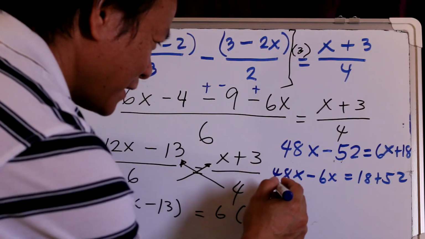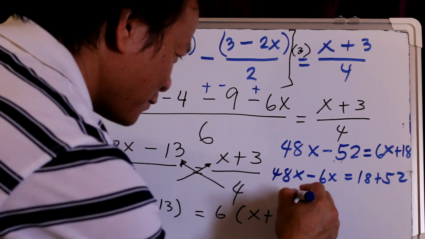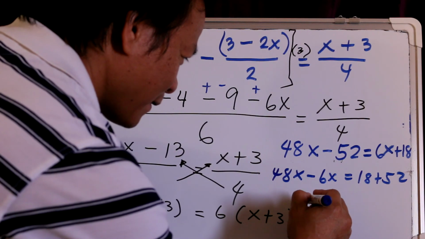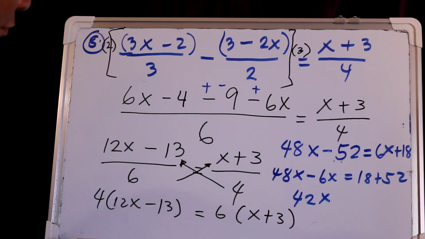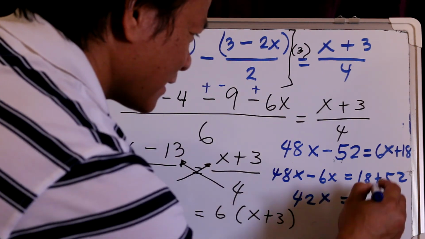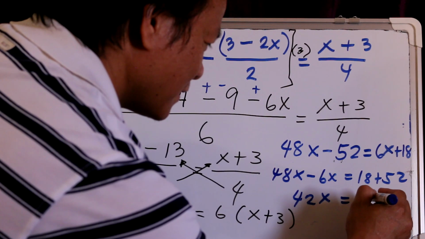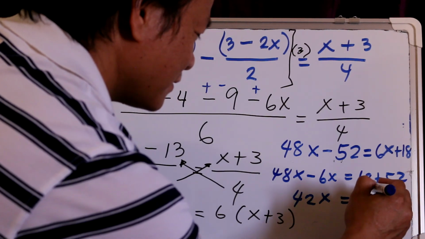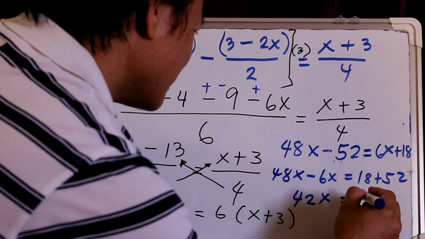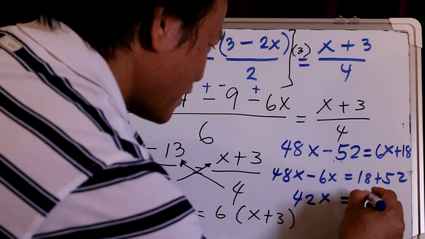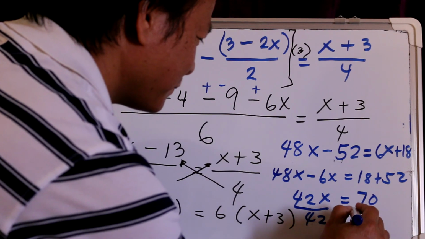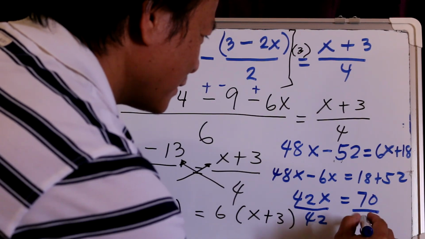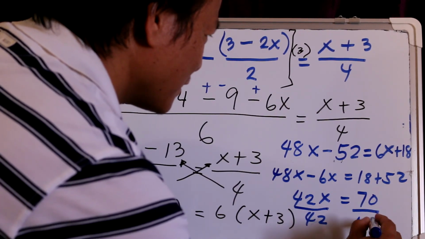So 48 minus 6, this becomes 42x, okay, 42x, and that becomes 18 plus 52, so 70, then divided by 42, divided by 42.